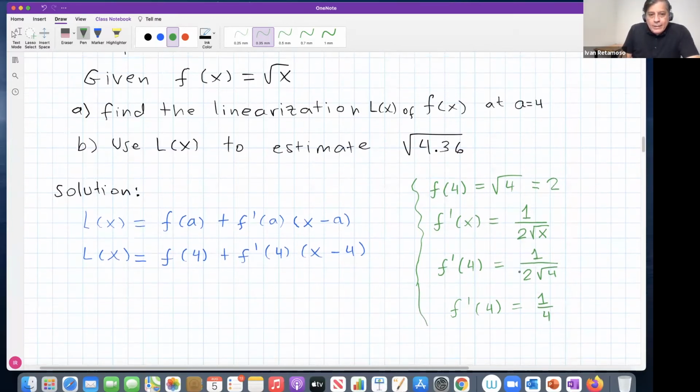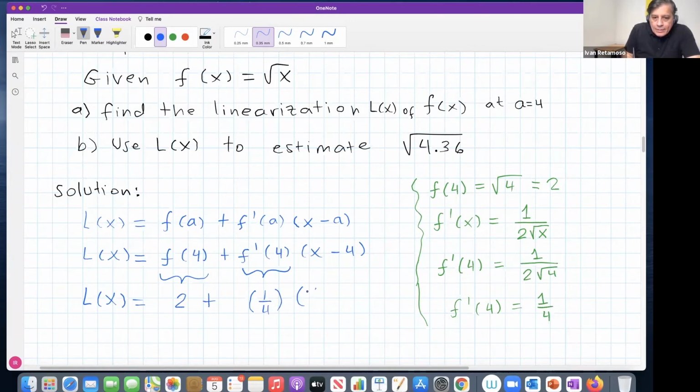All right, so time to substitute our values here. The linearization will be equal to f of 4, which is just 2, plus the derivative of the function evaluated at 4, which is 1/4, that must multiply x minus 4.